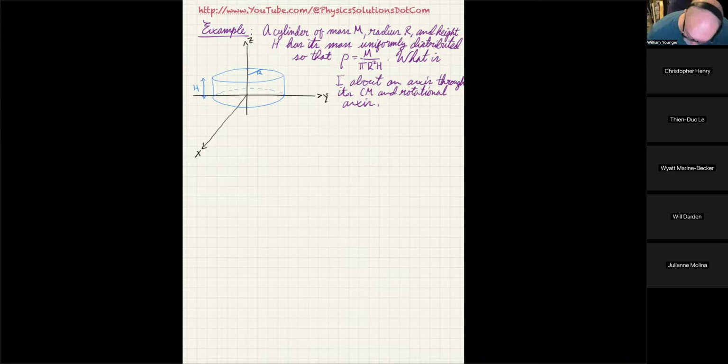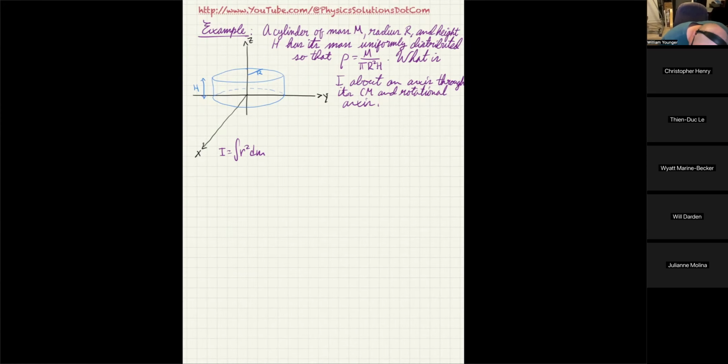We still have to have I is equal to the integral of r squared dm. So our differential mass element can't have r differ significantly from one part of the differential mass element to the other.